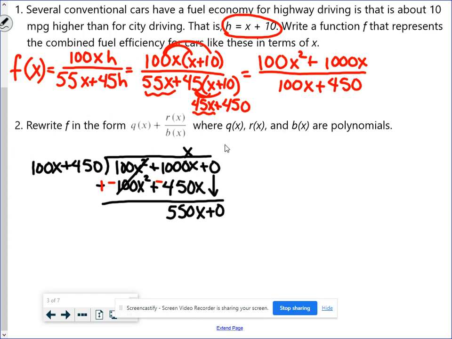Now that's kind of weird because we haven't had to do this before, but because it's 100, it's not too hard to say I'd have to multiply by 5.5. That first one is pretty nice. That's just going to be 550x plus 5.5 times 450, which is really 2,475. Good thing I did that ahead of time. 2475.